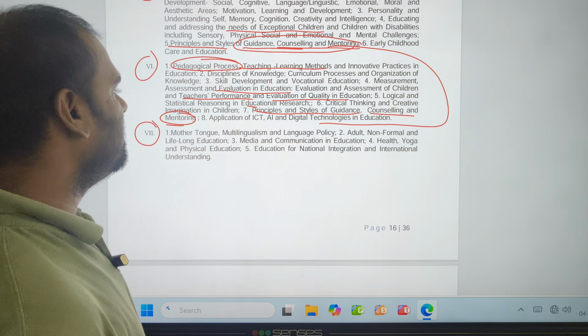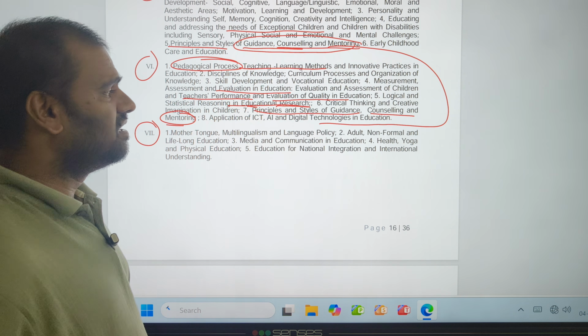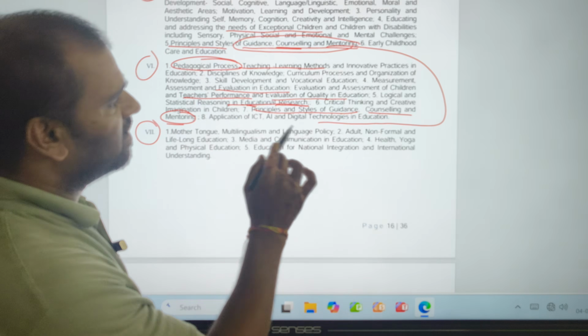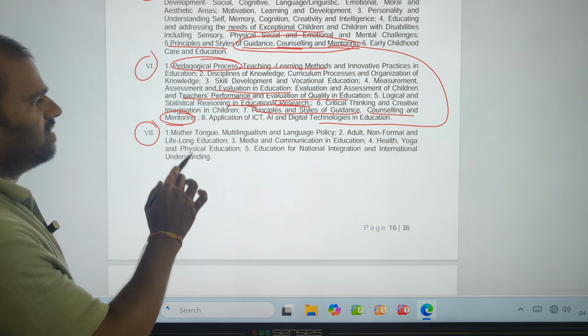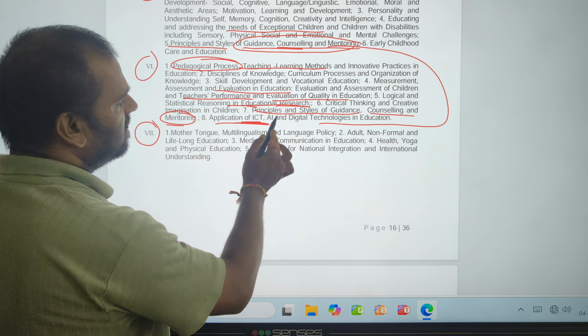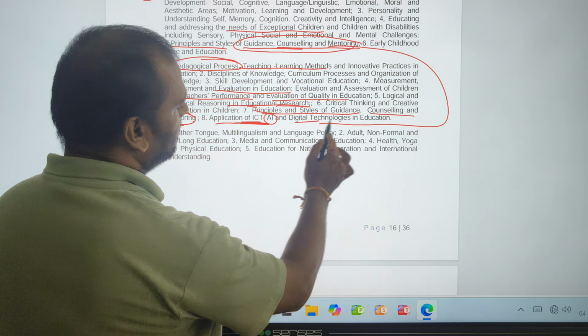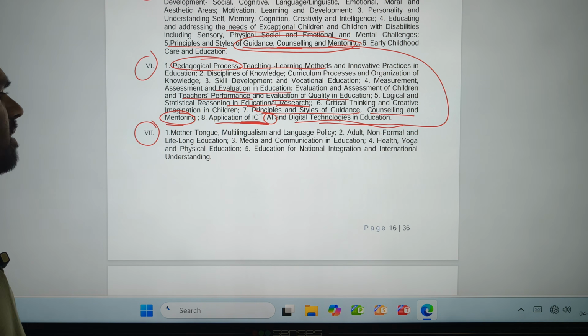So logical and statistical reasoning in educational research. In this educational research also we are going to understand. Critical thinking and creative imagination in children also we have to study, and application of ICT, information communication technology, artificial intelligence and digital technologies in education. So these are all the things you have to study under chapter 6.